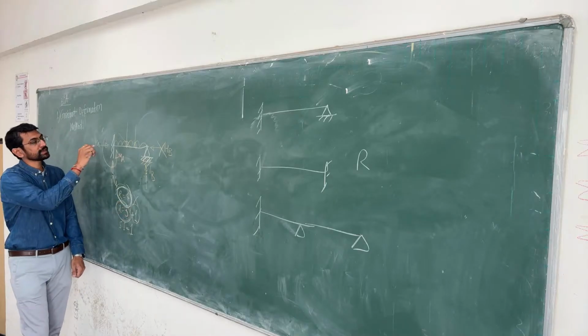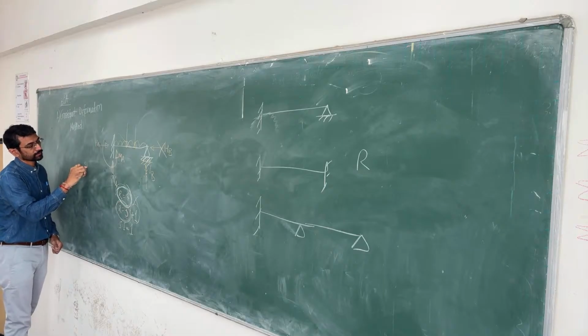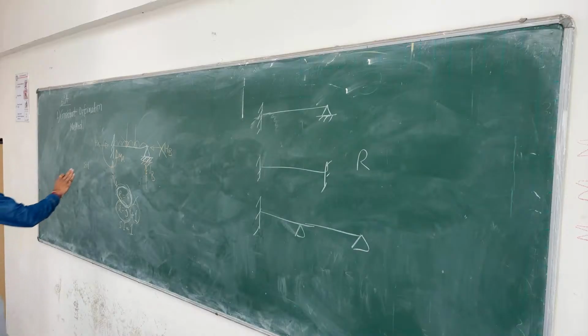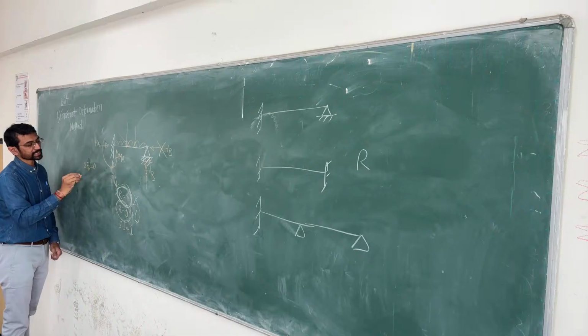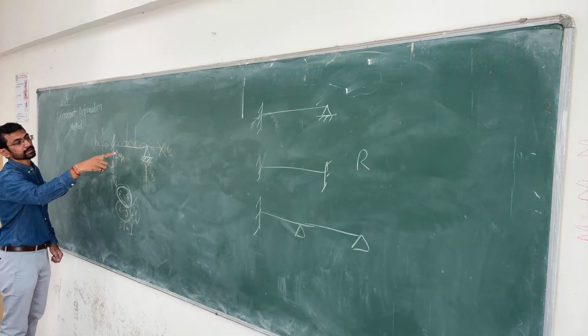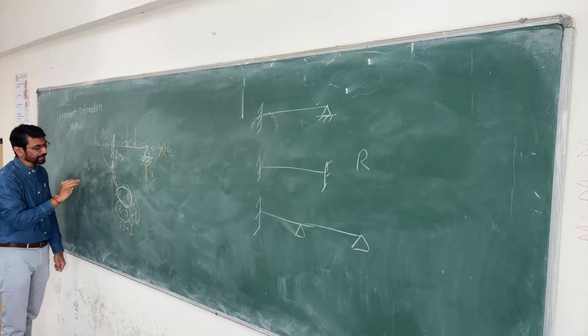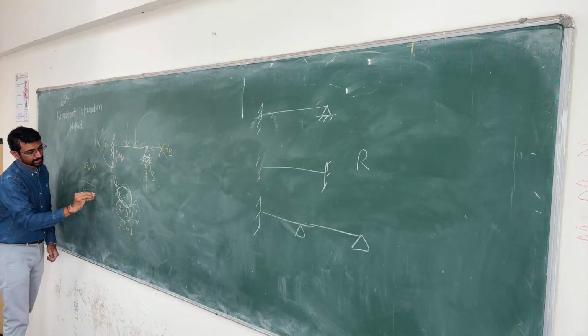You will put summation of forces. Summation of forces in x direction is 0. You will get some equation, HA equals 0, whatever. If there are horizontal forces, you will get some equation. You put summation Fy equals 0.